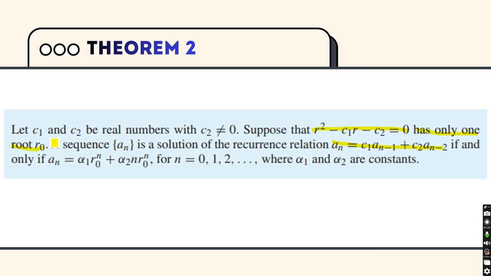So this means that the two roots are equal, or they are a repeated root. When the root is repeated, the solution to the recurrence formula is this. So if the root is repeated, this is the recurrence formula we use.